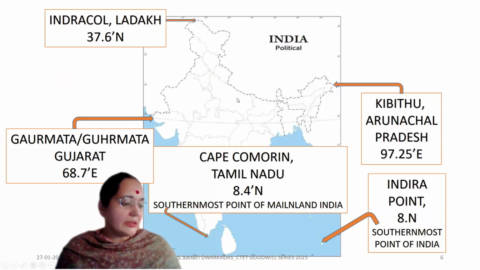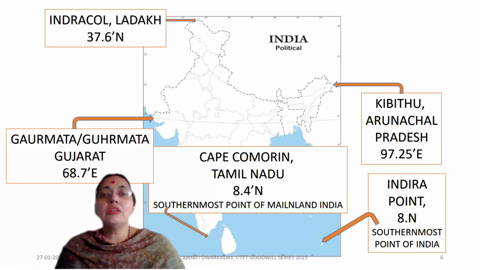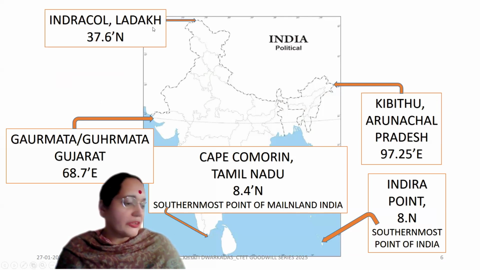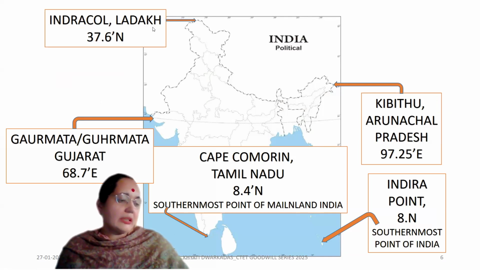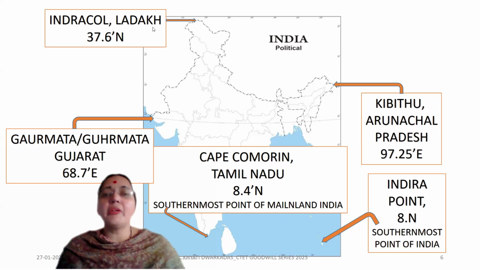Now when you look at this, we are very, very clearly able to see the northernmost point of India. So the northernmost point of India is over here, right here, and that is at Indrakol in Ladakh. All right. I think there is an arrow which is pointing to Indrakol in Ladakh.